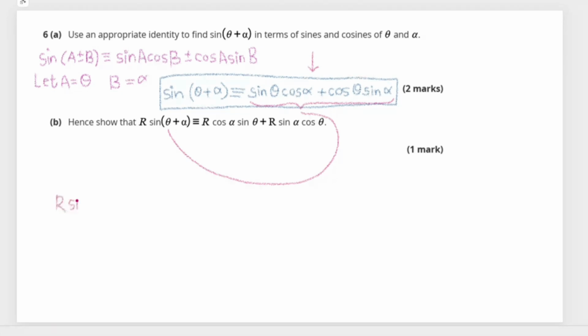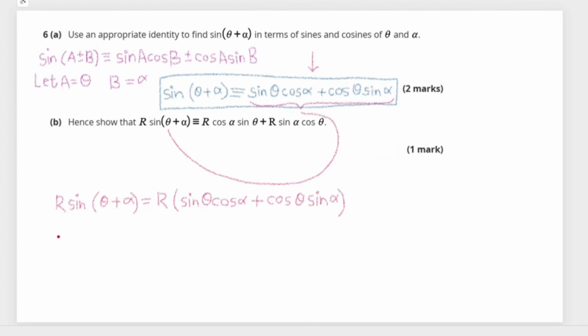So r times the sine of theta plus alpha is equal to r times the sine of theta multiplied by the cosine of alpha, so this is from part A, plus the cosine of theta multiplied by the sine of alpha.